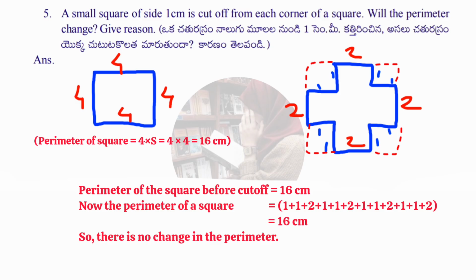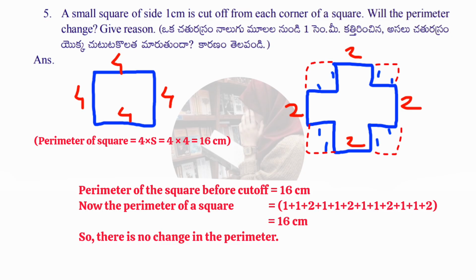So 1 plus 1 plus 2 plus 1 plus 1 plus 2 plus 1 plus 1 plus 2 plus 1 plus 1 plus 2. After adding all the sides of the cut-off square, we get the answer as 16 centimeters. So finally, there is no change in the perimeter of the square after cutting off. So this is the answer for this.